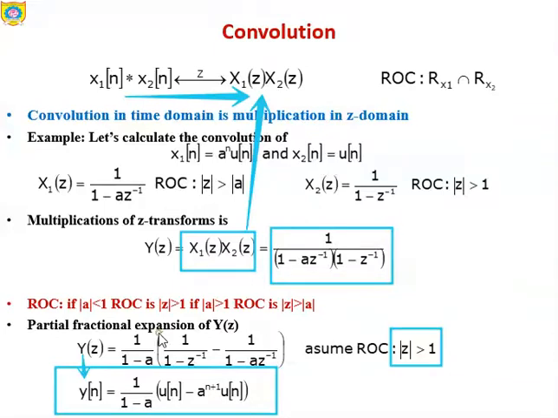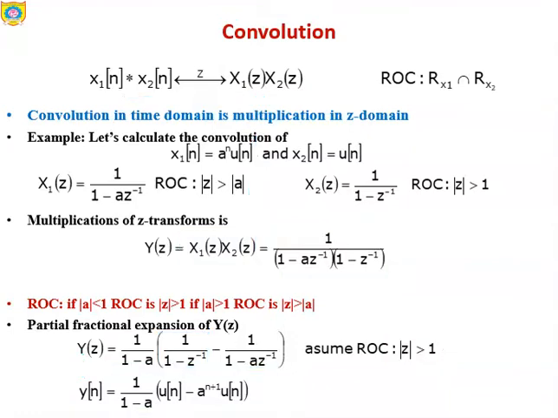Why is it so? Because for 1 upon 1 minus z inverse, its inverse z transform will be only u of n. That is what we have seen earlier. So u of n gives the z transform 1 upon 1 minus z inverse. Similarly, a raised to n u of n gives the z transform 1 upon 1 minus a z inverse. That is what is done over here, and this is how it is calculated, with the value as y of n.